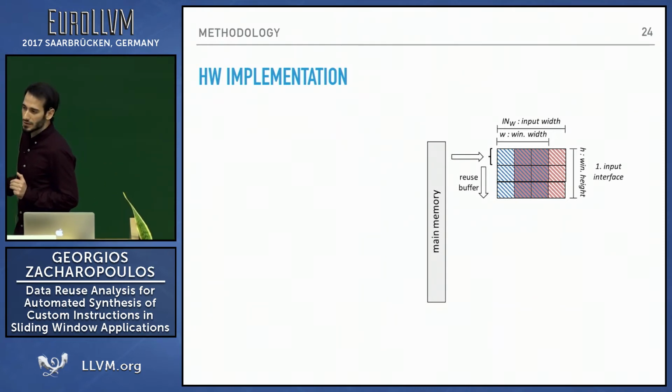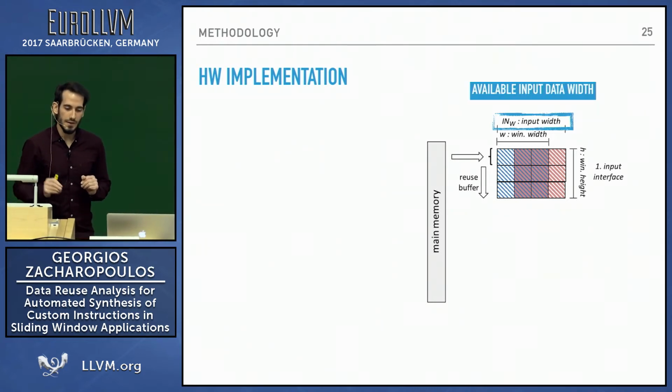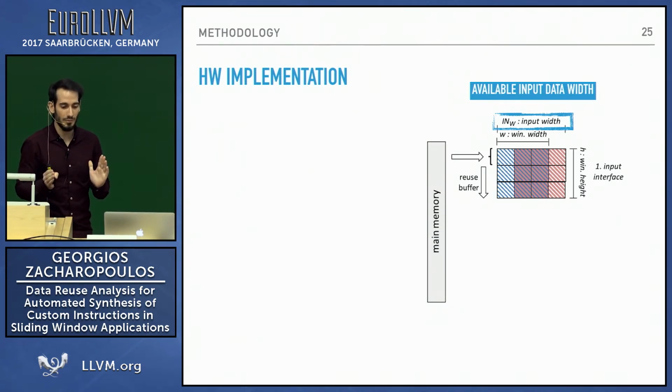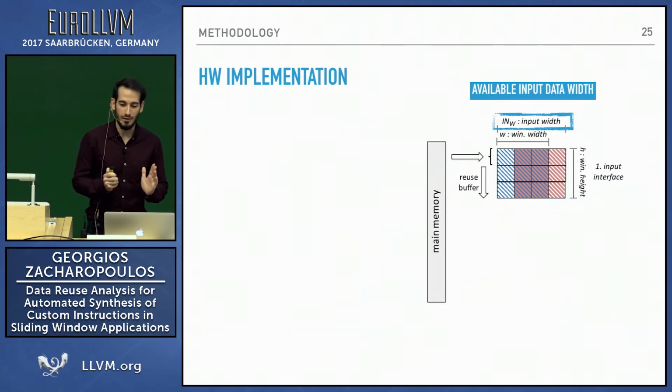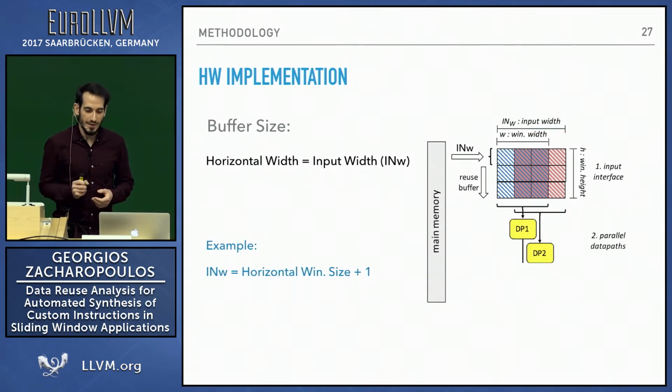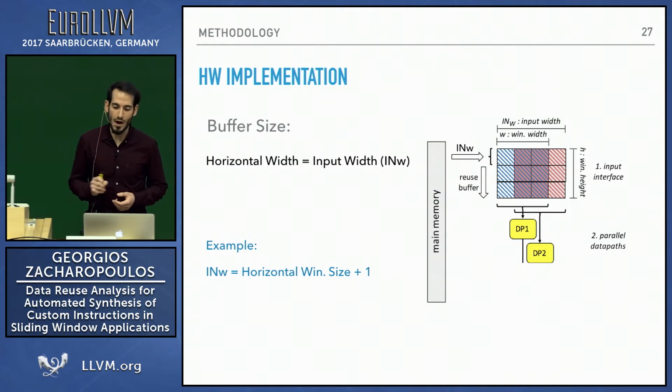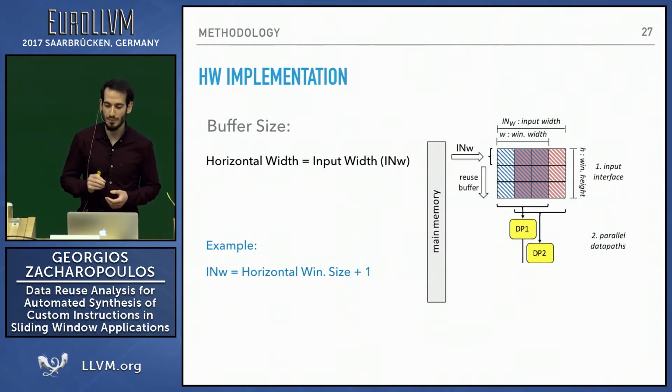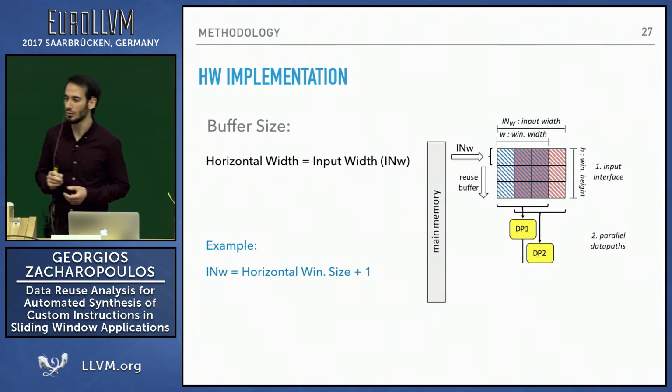First things first, input width. This is practically a parameter and an architectural constraint regarding the implementation. So the larger the input width is, the larger the horizontal width of our buffer can be. This is equal to the horizontal width of the buffer. In this case, the input width is equal to 4.